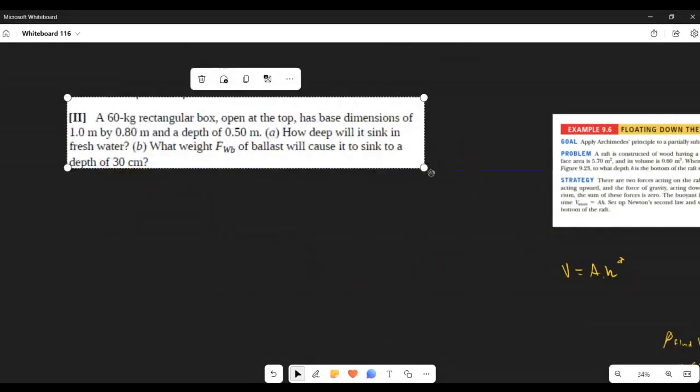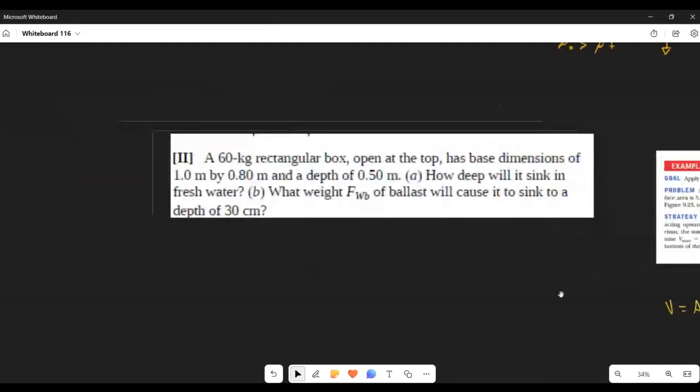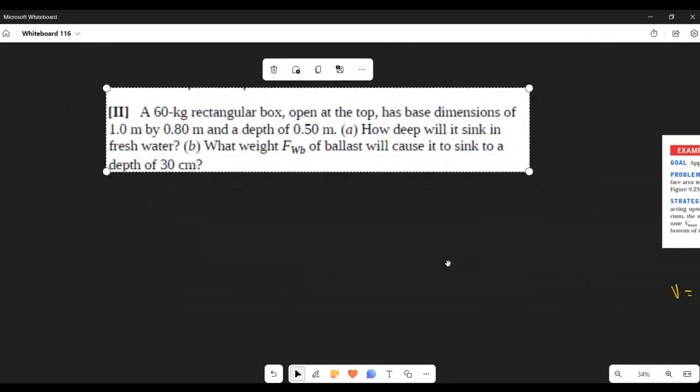Over here, that's the problem. Just take a picture of it. At A, I like this one a lot. It's floating, just like we just did. And then at B, obviously, it's going to sink, so you have to know how the densities work.